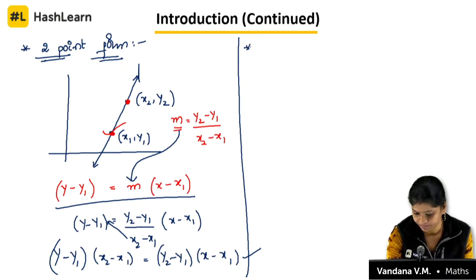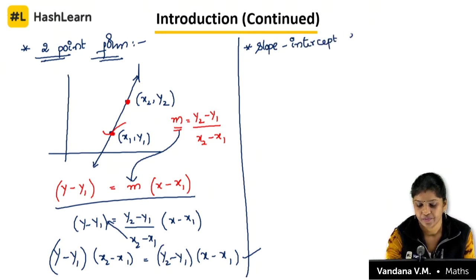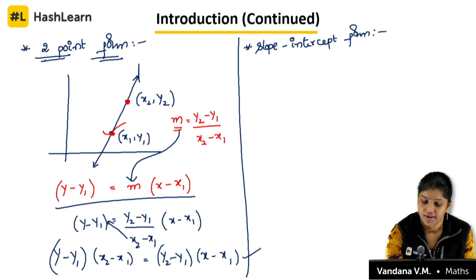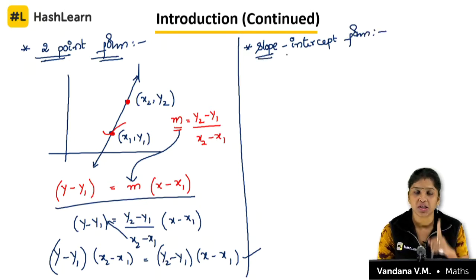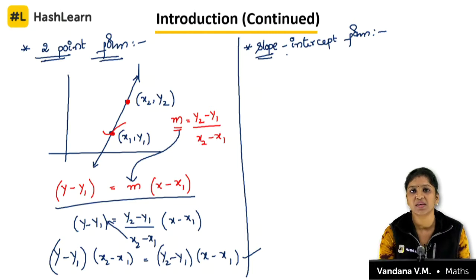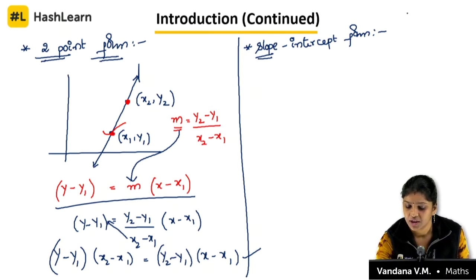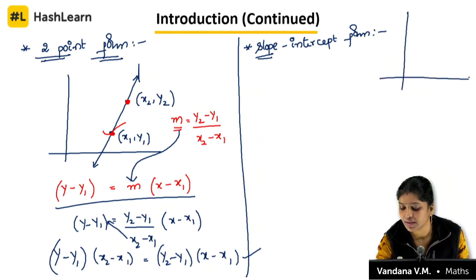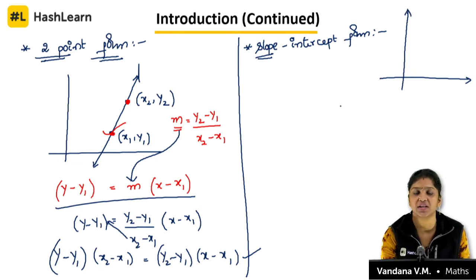Third one. Slope intercept form. That is, they will give you one slope and one intercept. What is the meaning of intercept? Intercept means the distance from the origin to the y-axis is called y-intercept.